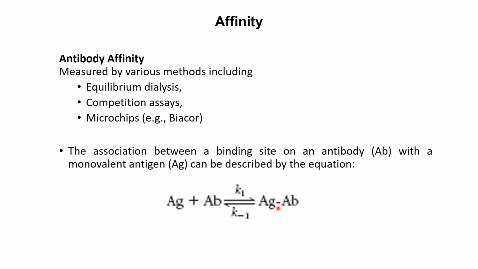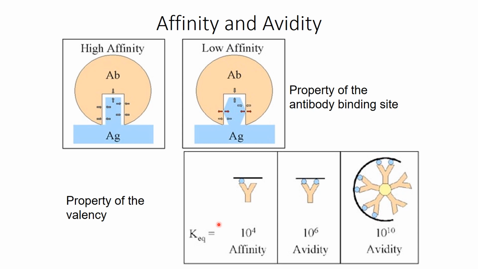Here, as in the previous equation, k forward and reverse. This K value at equilibrium, if it's around 10 raised to the power 4, then that's called affinity. It means there is binding. As this K equation keeps increasing, the greater is the affinity, moving towards avidity. And if there are multiple copies of antibodies binding in the serum with the antigen, that is an even greater degree of avidity.